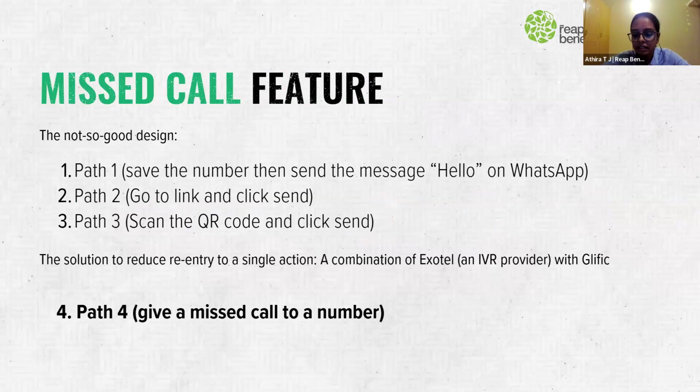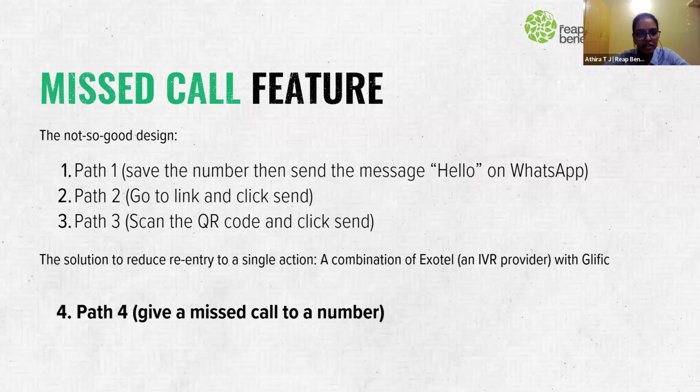The first three methods we have used ever since we started engaging users through our chatbot. One way, as you know, is that the user directly saves the number and then sends a keyword, which may be like a hello or hi, to onboard on the chatbot.